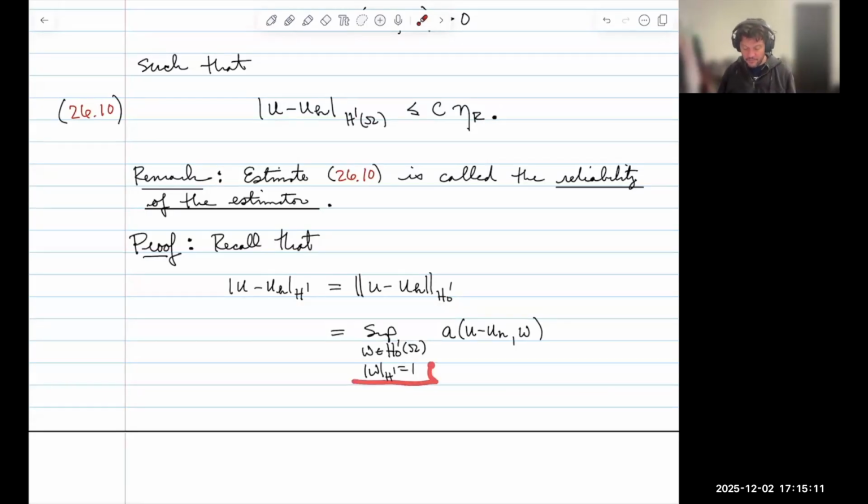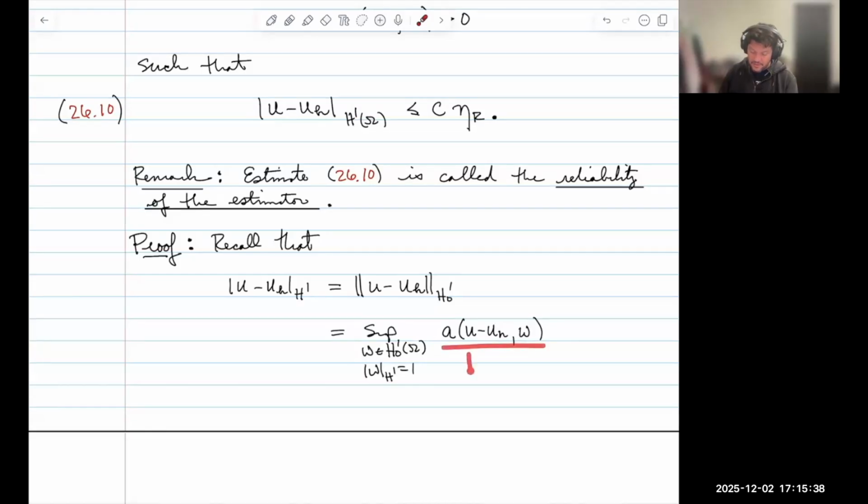Just like we proved in the homework exercise, this is equal to the supremum of this inner product, taken over all W in H01 with H1 semi-norm equal to 1. We proved this when I was talking about that homework 8 problem 2.